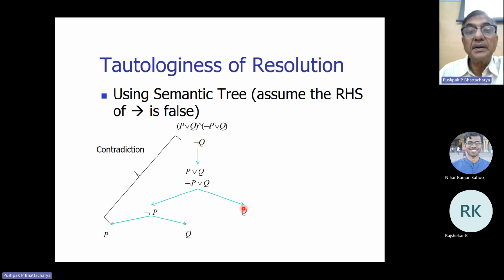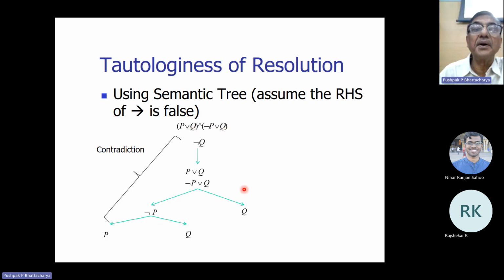I start from Q here, go to the parent, not Q, contradiction. So all paths in this semantic tree give rise to a contradiction. So this means that not Q is not provable from (P or Q) and (not P or Q).